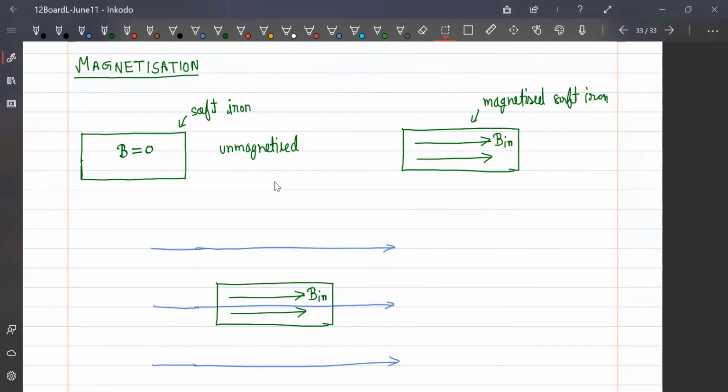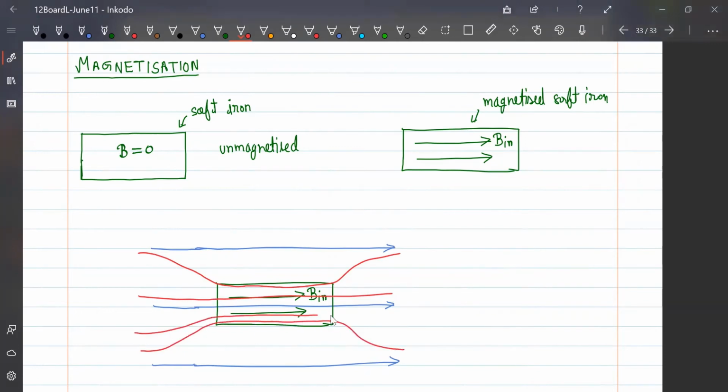The magnetic field changes around this region, and this gets even more magnetized. The magnetic field inside increases. These red lines are the new magnetic field lines. So the intensity of the magnetic field increases.